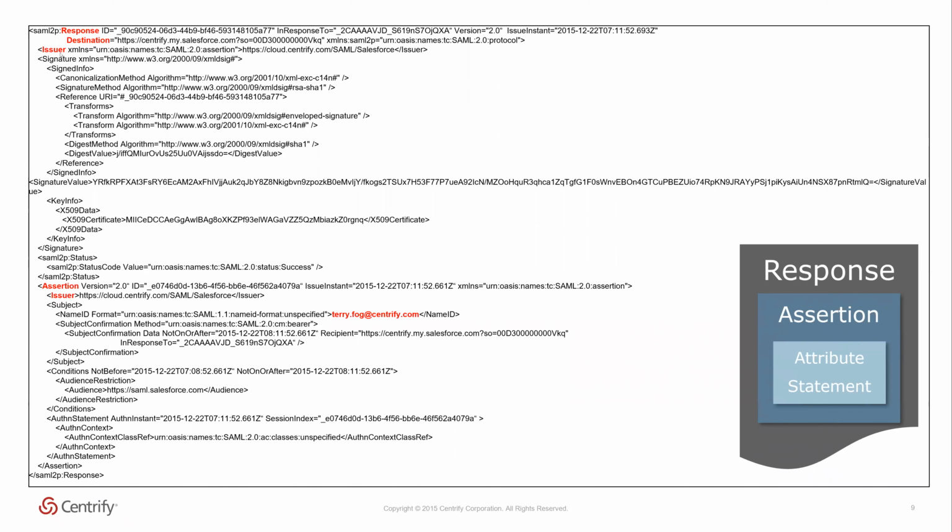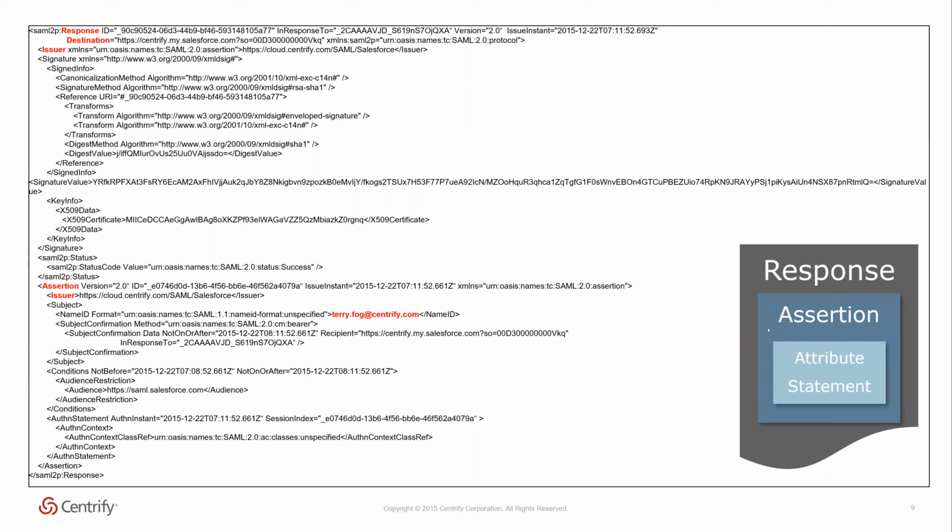There is also other information, the outer structure that the last slide was talking about, say, issuer. I'll tell you what this is later on, but I'll give you a preview: it tells who issued this SAML response, which in this case is the IDP, therefore Centrify. Okay, so I just want to show you this structure, what it looks like. I made a little diagram in the corner here.